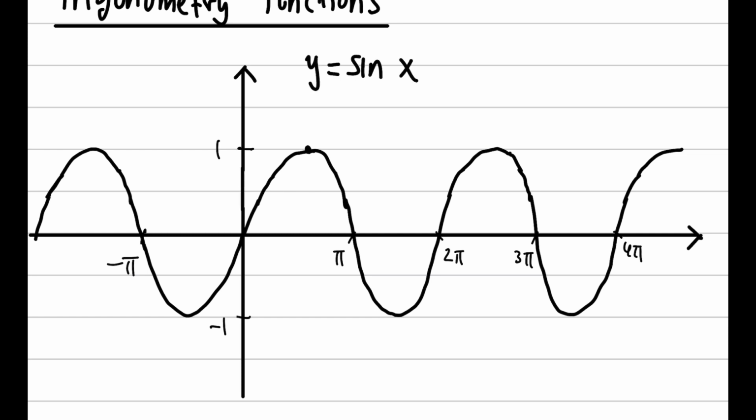The shape of the graph of y equals sine x is a wave. The wave consists of one hill and one valley; we call this one wave. Then this form will repeat continuously, and it also goes backwards. So as you can see, we have lots of hills and valleys.